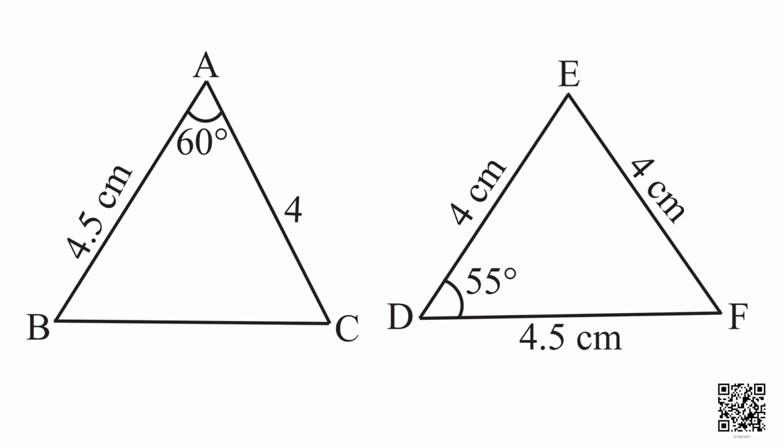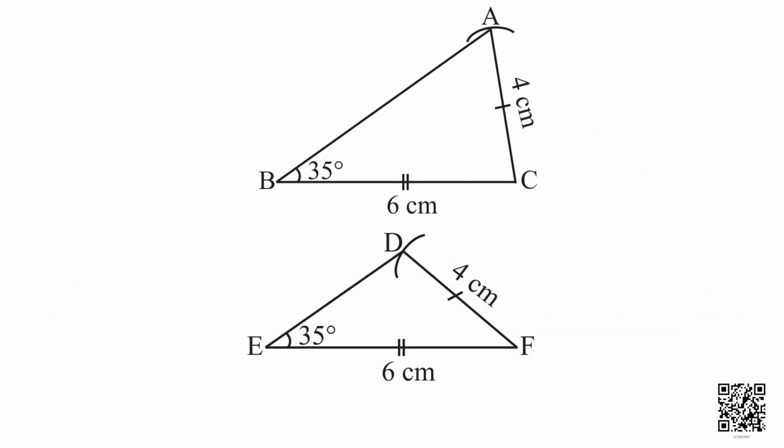Now C part, where in triangle ABC, BC is equal to 6 cm, AC is equal to 4 cm, and angle B is equal to 35 degrees. And triangle DEF, where DF is equal to 4 cm, EF is equal to 6 cm, and angle E is equal to 35 degrees.